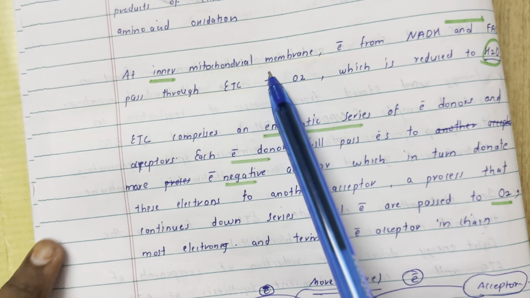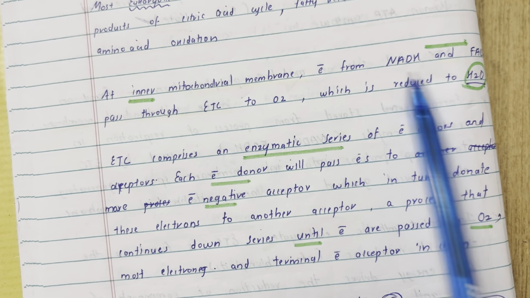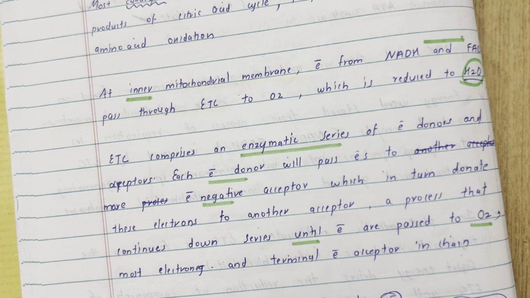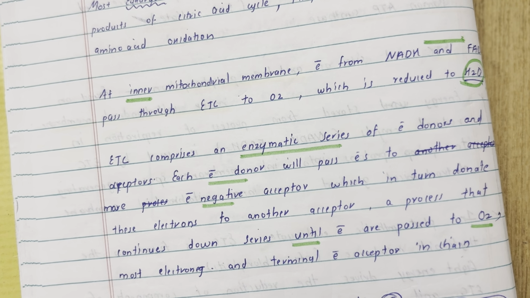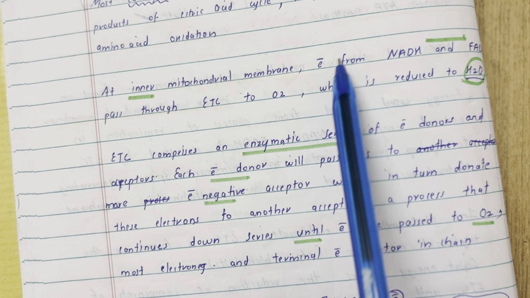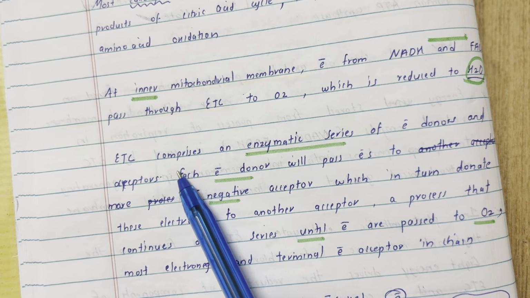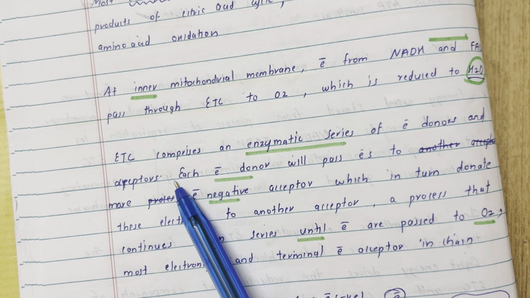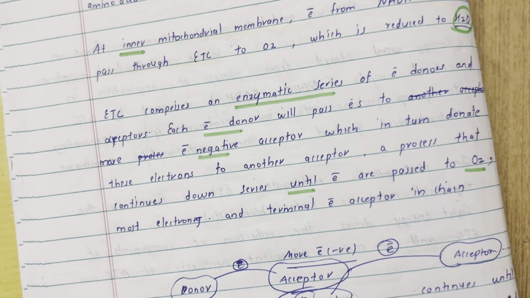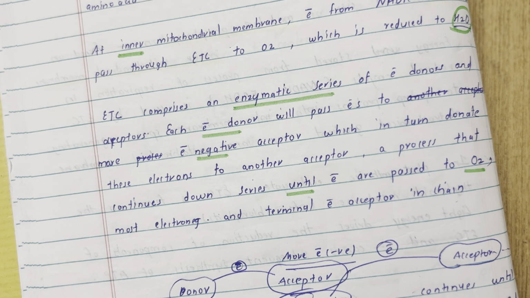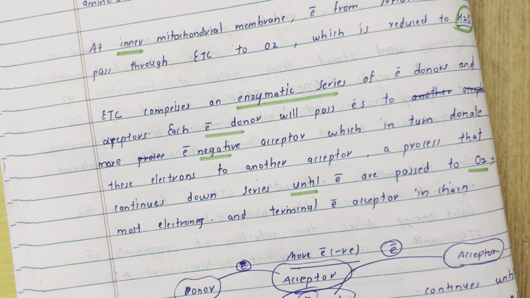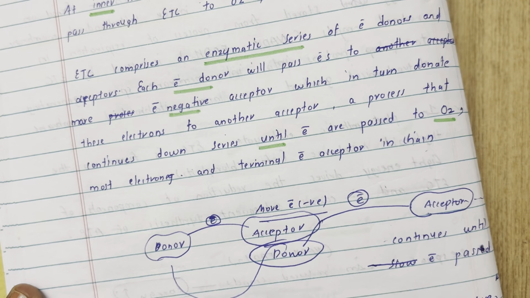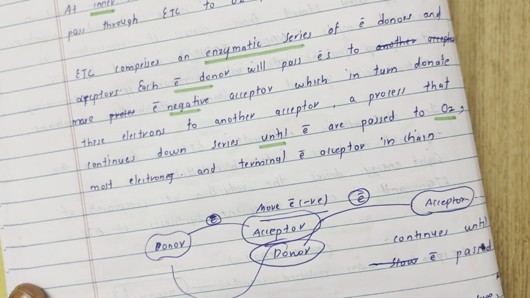The energy from respiration is stored in these reduced forms, so electrons from these forms pass through the electron transport chain finally to oxygen and get reduced to water. First we will see this in general, and then we will see each complex involved in the mitochondrial electron transport.